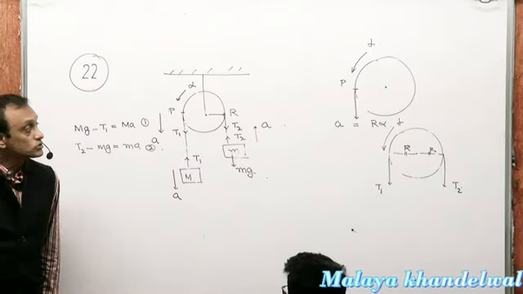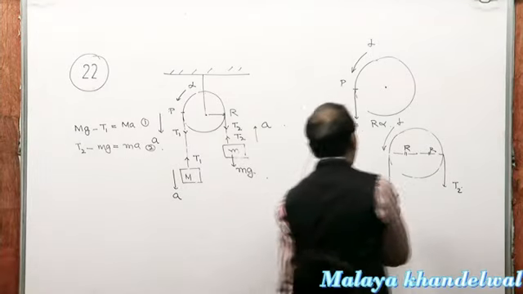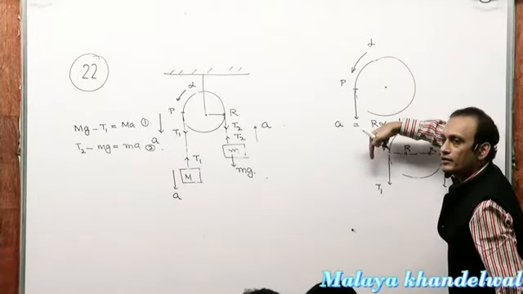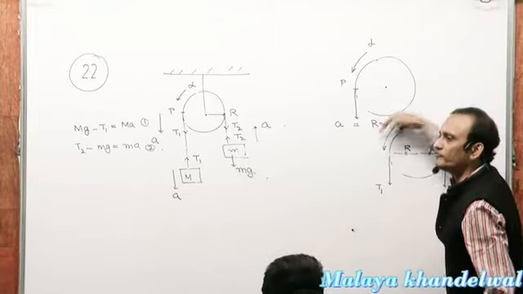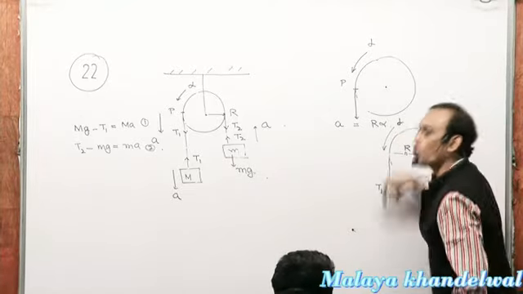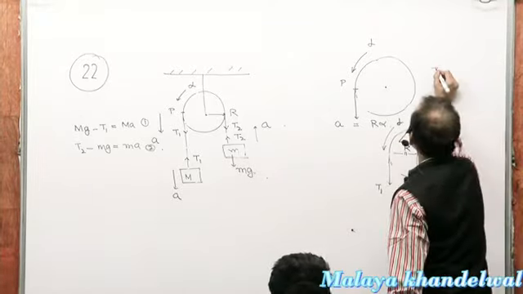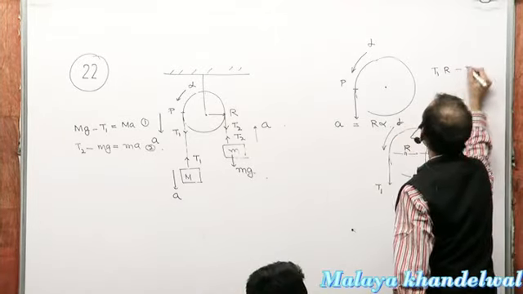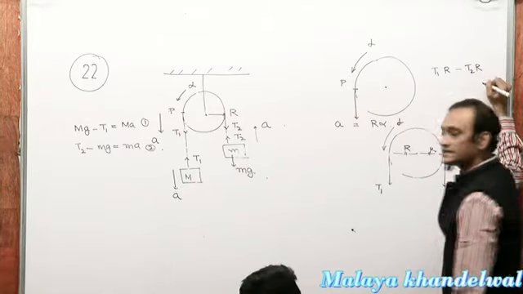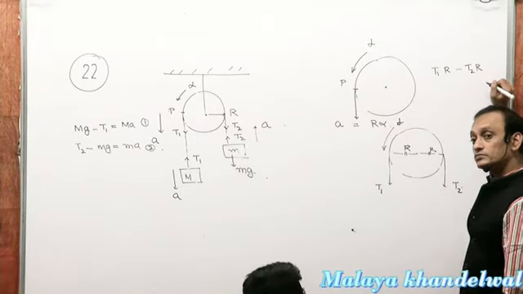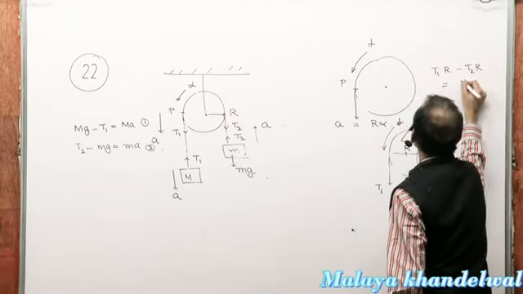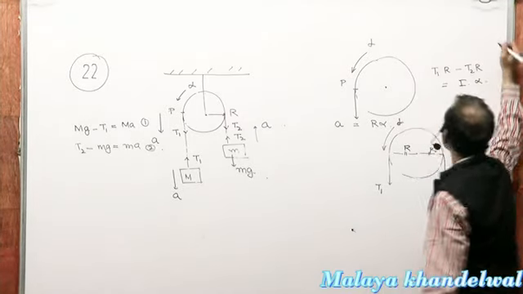Now the pulley side of the story. What's the torque acting on the pulley? This is anti-clockwise alpha. Net anti-clockwise alpha would be because of net anti-clockwise torque. So T1 into R is an anti-clockwise torque about the center of mass, minus T2 into R, which was clockwise. So this is the net anti-clockwise torque. Understood? That must be I of the pulley into angular acceleration alpha.